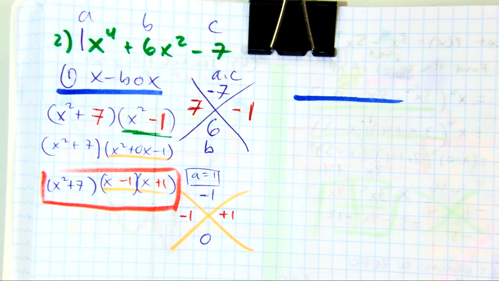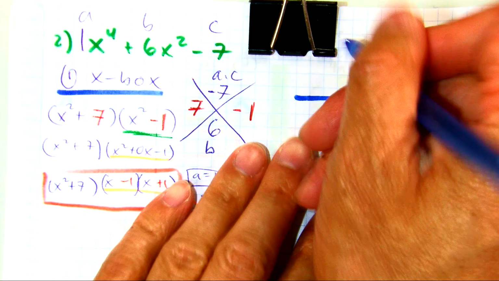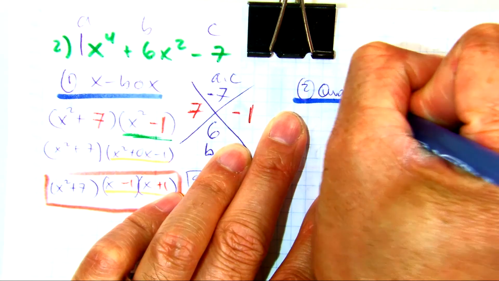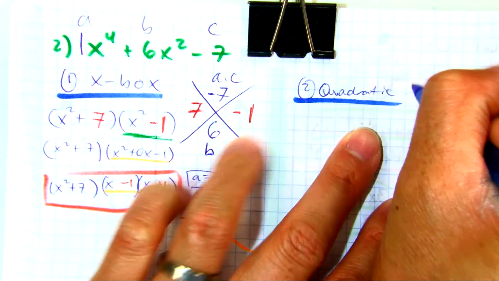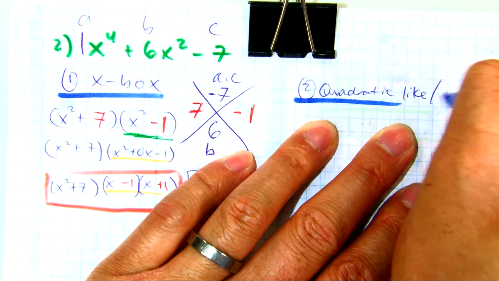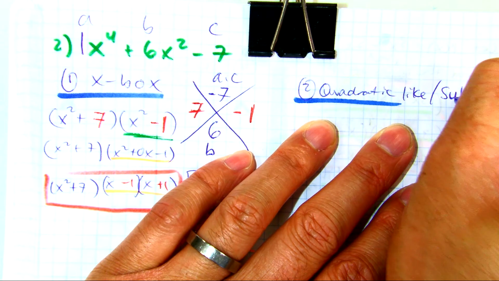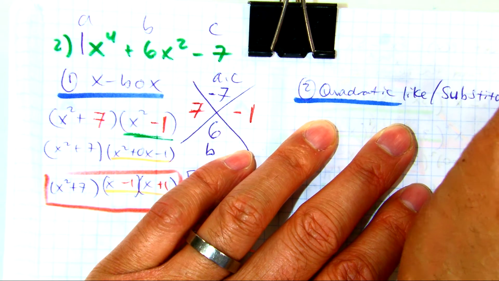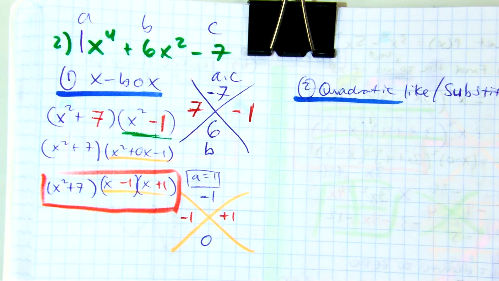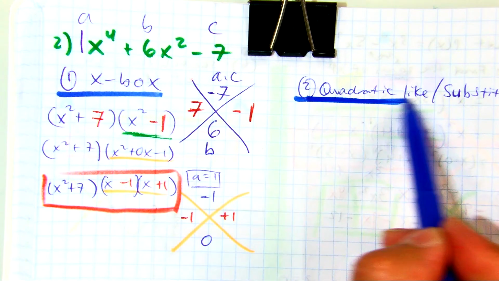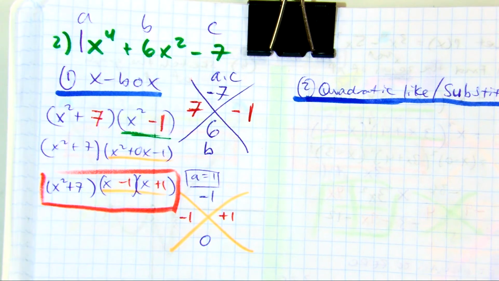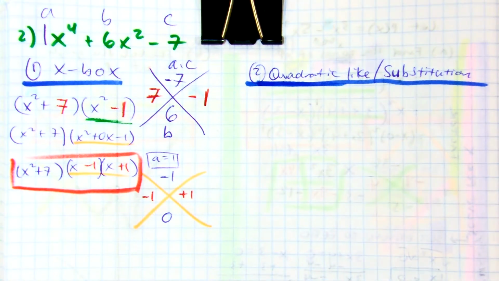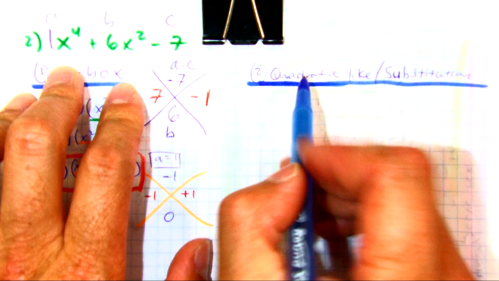The second method I'm going to call quadratic like, or substitution. So I want to make this quadratic.